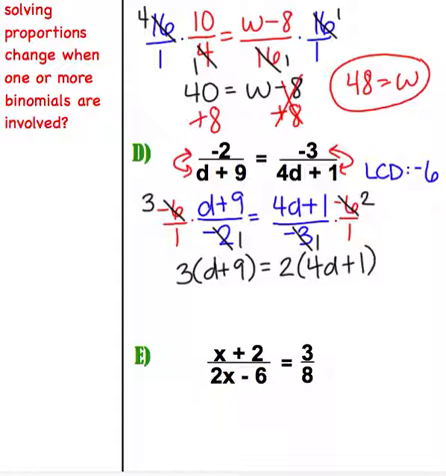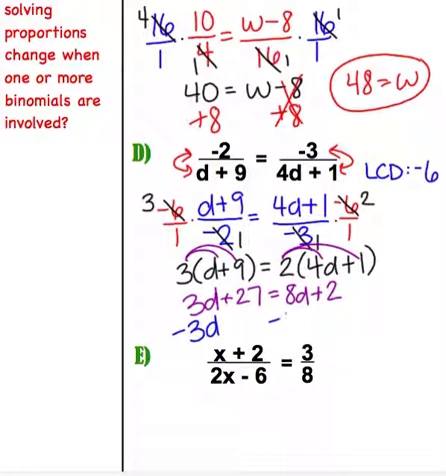So then I can go ahead and bomb out the 3 on the left and the 2 on the right, which gives me 3D plus 27 equal to 8D plus 2. You can go ahead and subtract 3D from both sides, and that gives us, canceling here, 27 equals 5D plus 2.